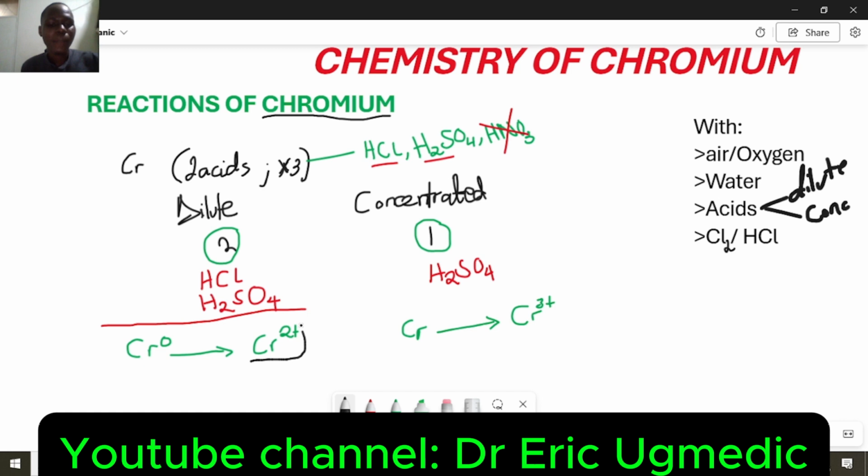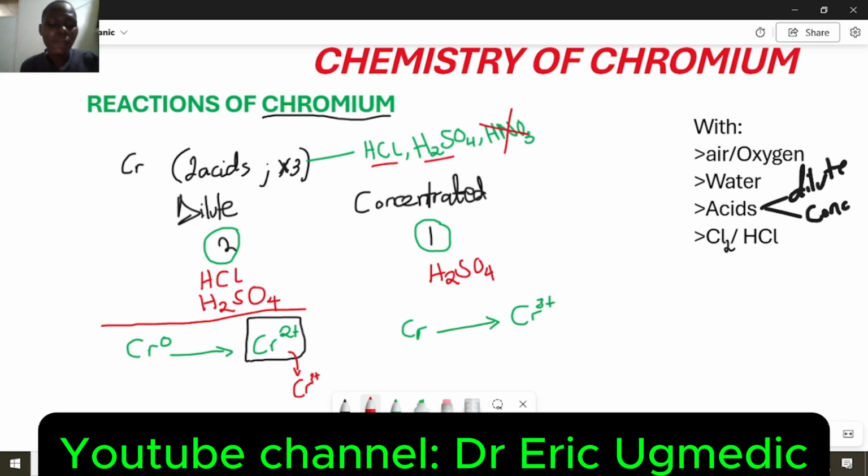However, what will happen is that, due to the oxygen that will come in from the atmosphere, it will oxidize the chromium to chromium 3 ions. So that's the trick behind.